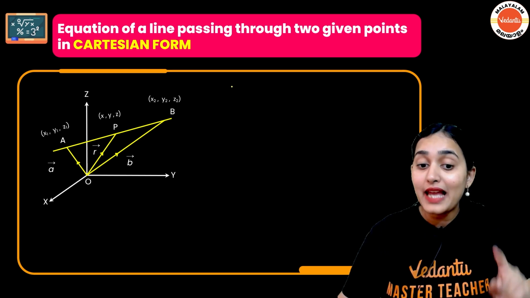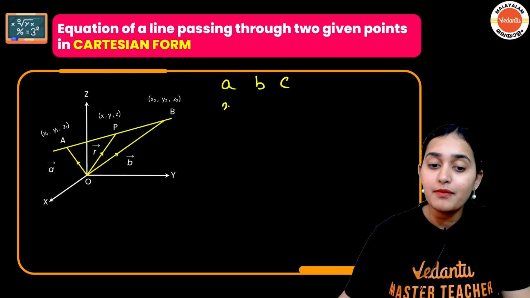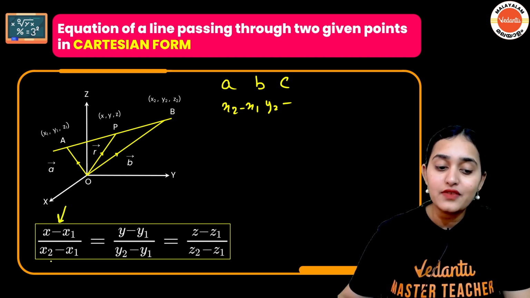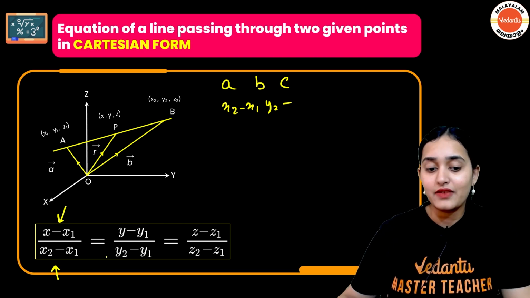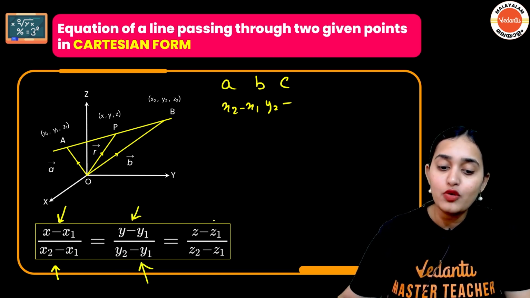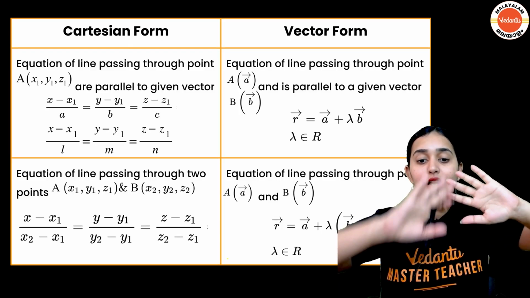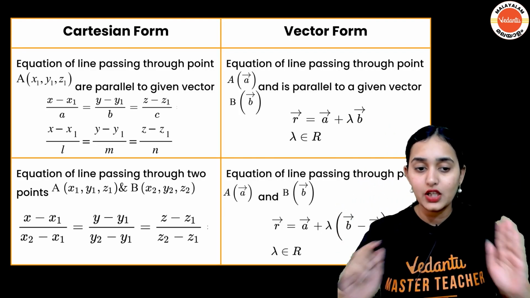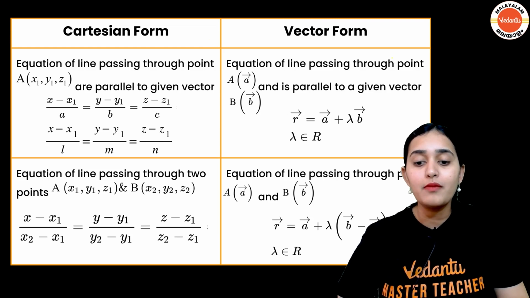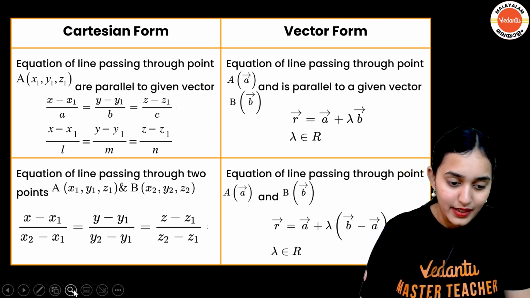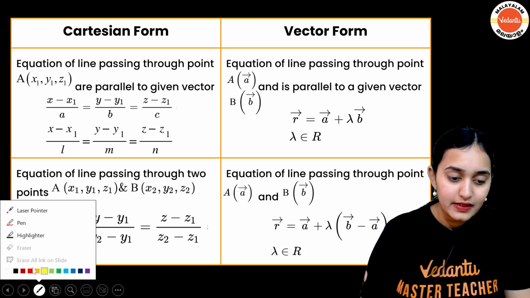Now A, B, C will become x2 minus x1, y2 minus y1, z2 minus z1. So your formula will become x minus x1 upon x2 minus x1, y minus y1 upon y2 minus y1, z minus z1 upon z2 minus z1. So here is the complete formula sheet for you in Cartesian form and vector form, when 1 point is given and when 2 points are given.